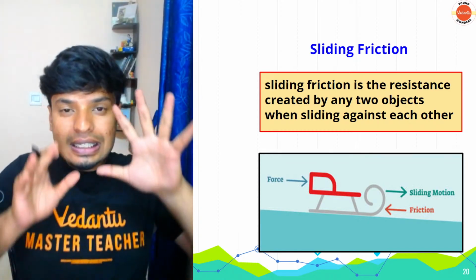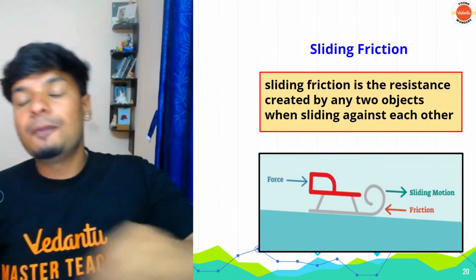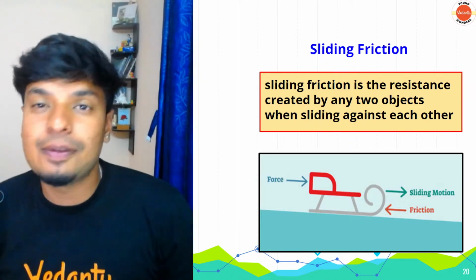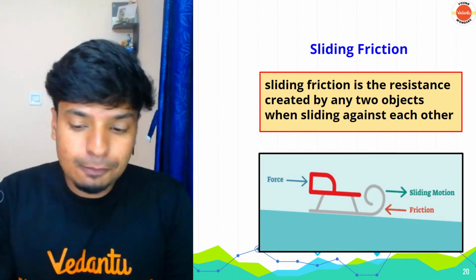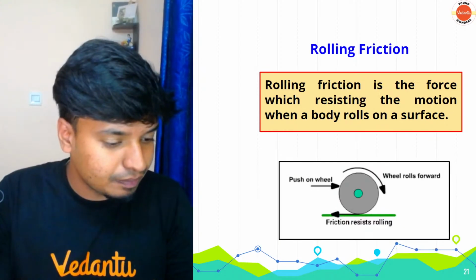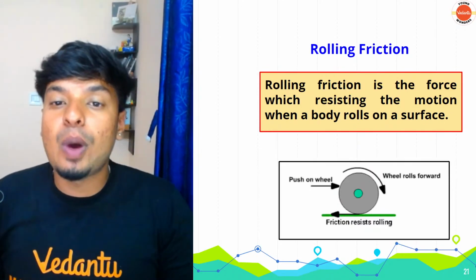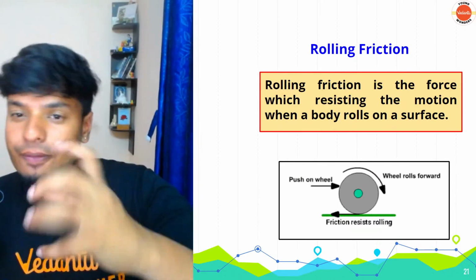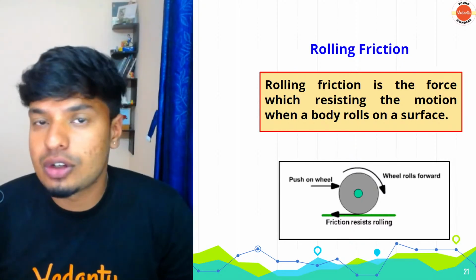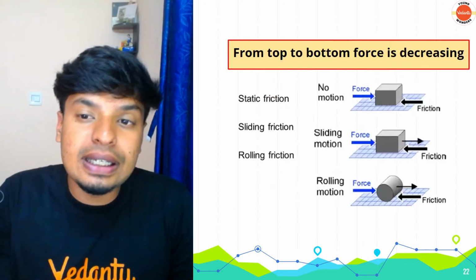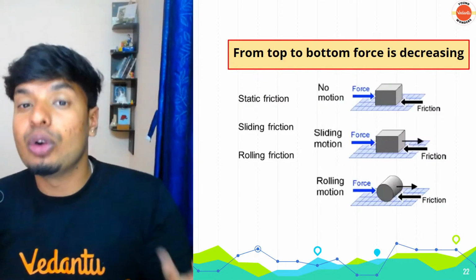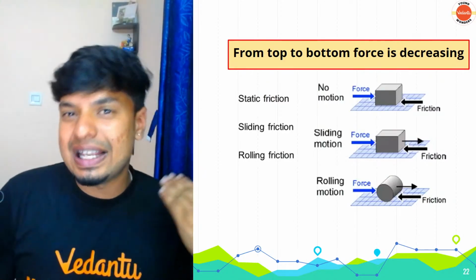So when an object is sliding on another object, the friction that occurs there is sliding friction. Rolling friction is when one object is rolling on another surface. Out of all three, static friction is more and rolling friction is less.